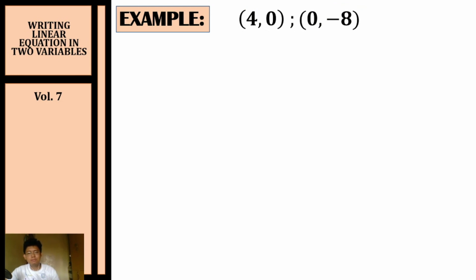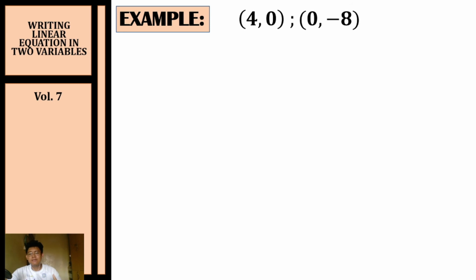Alright, let's have our last example for today. So for example, we're going to get the equation of the line that will pass through the points (4, 0) and (0, negative 8). Now, in this case, you can use the 2-point form, but I suggest looking at our given points. They are our x-intercept and our y-intercept. So our x-intercept is (4, 0), and our y-intercept is (0, negative 8).